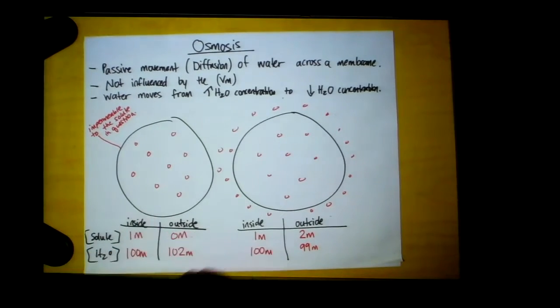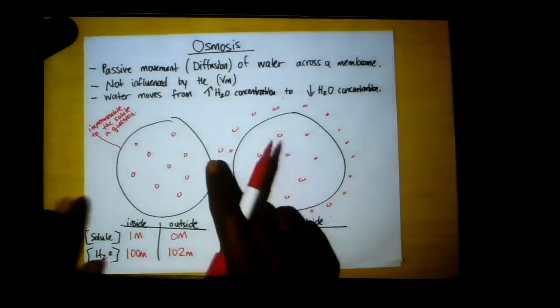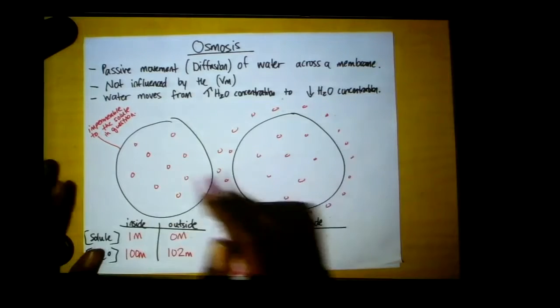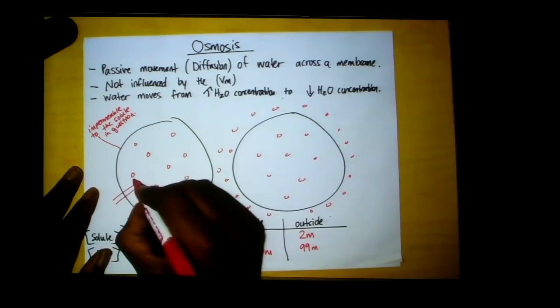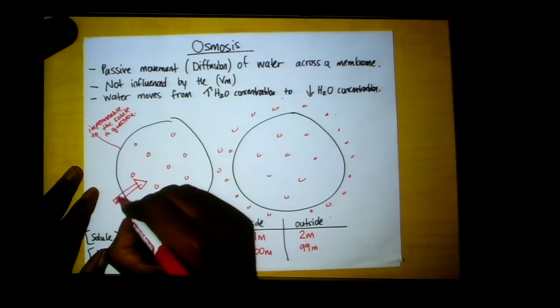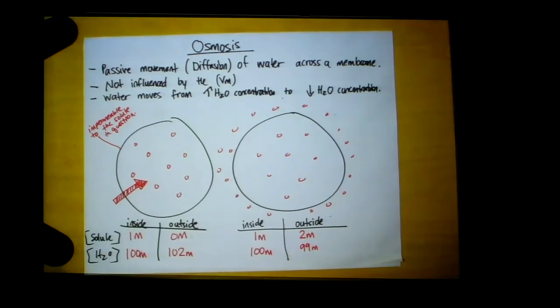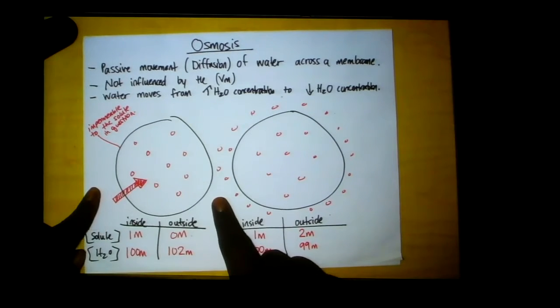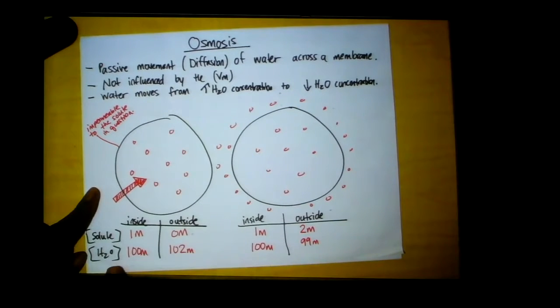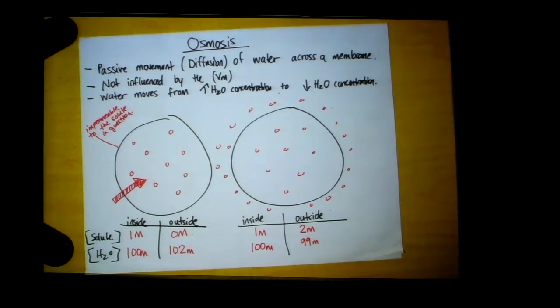What we see here is that water is going to want to move from an area where it's in high concentration, which is outside the cell, pure water, to where it's in a lower concentration. So here we're looking at the concentration of water, not the solutes. All right, water. So water is moving from high concentration, and we can see that here, to low concentration.